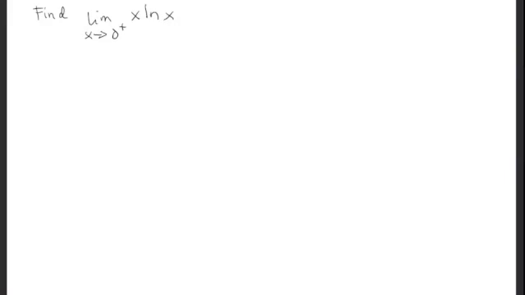You cannot apply L'Hopital's Rule here because you can only apply it if it is of the form 0 over 0 or infinity over infinity, which means you have to convert this into a rational expression. You may opt to rewrite this as ln of x over 1 over x.